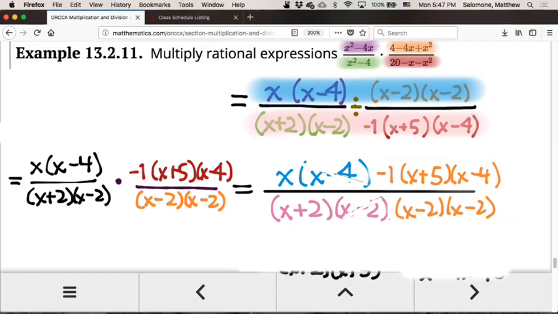Keep, change, flip. First fraction remains the same. Division changes to multiplication. And the divisor fraction, rational expression, gets replaced by its reciprocal. Trade places with the numerator and the denominator. And then it becomes a multiplication problem, which means multiply straight across the numerator and straight across the denominator.